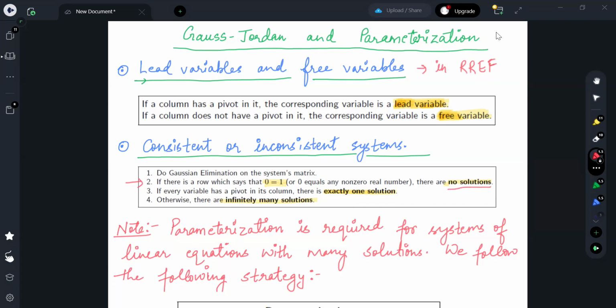We will see an example later on, but you can just discard any system by saying it has no solution, and you don't have to go to the Gauss-Jordan method.